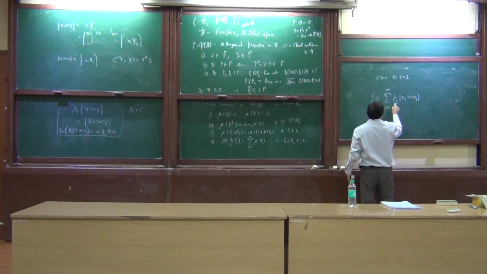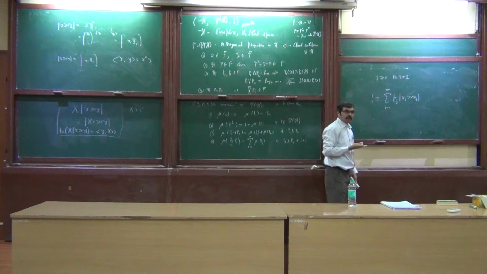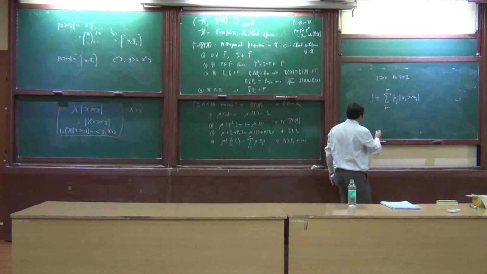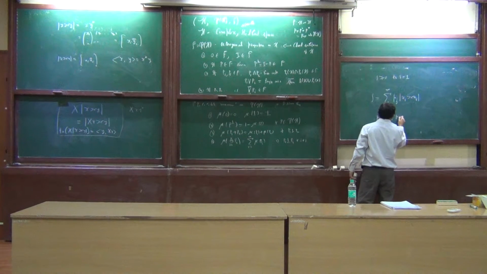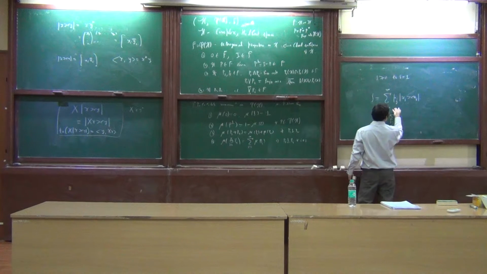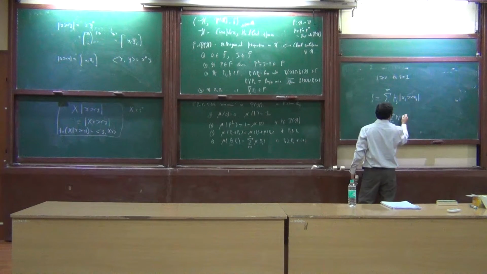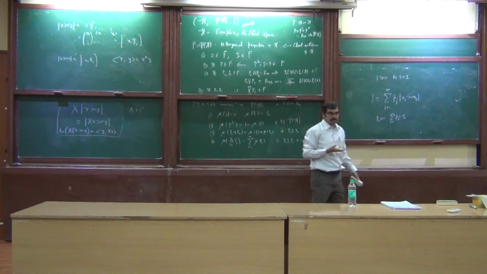The p_j's are eigenvalues of rho, non-negative, and the summation of p_j equals 1, since the sum of the eigenvalues is the trace.